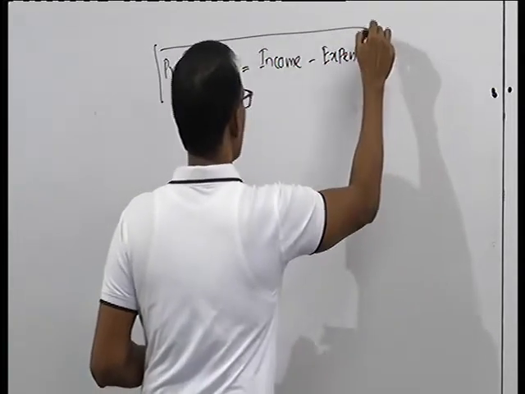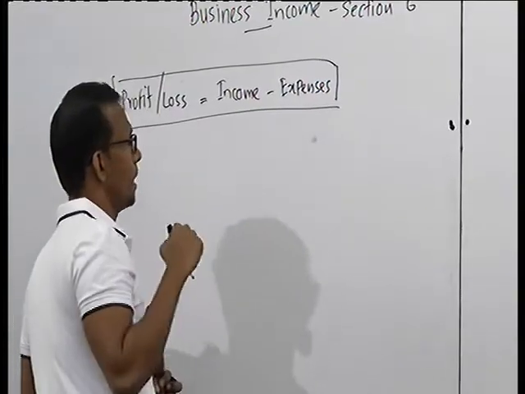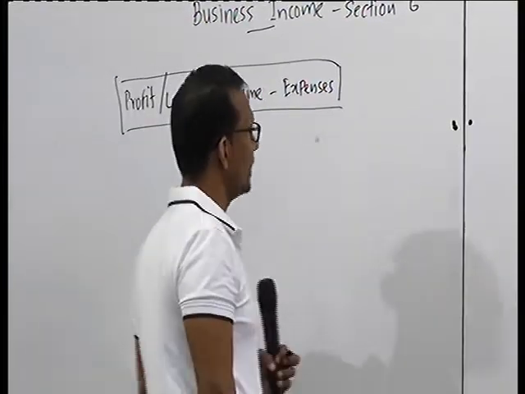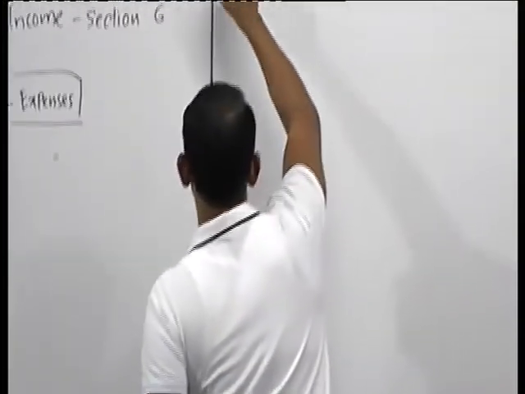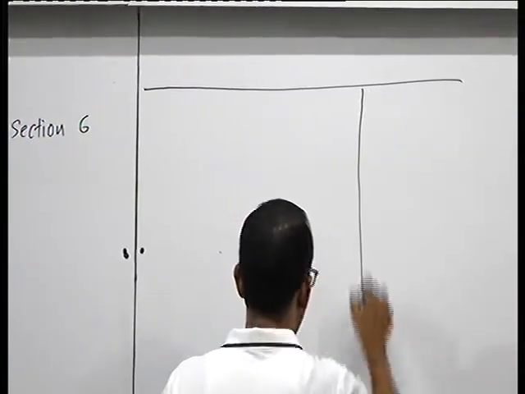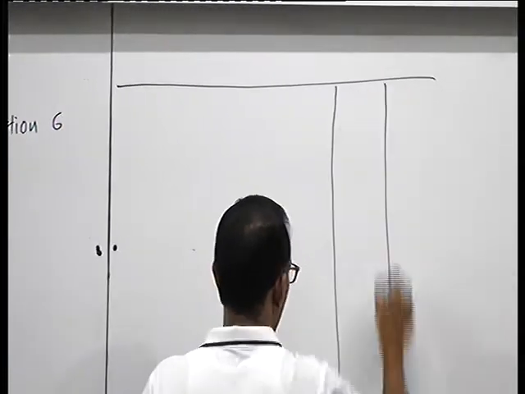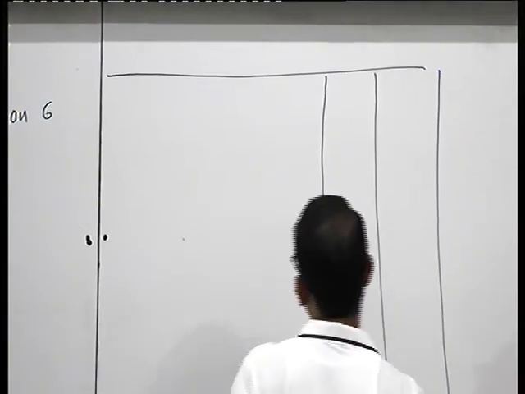This is how generally we calculate the profit or loss from a business. Now I'm going to remind or refresh your knowledge of how you have calculated profit or loss for the purpose of accounting.